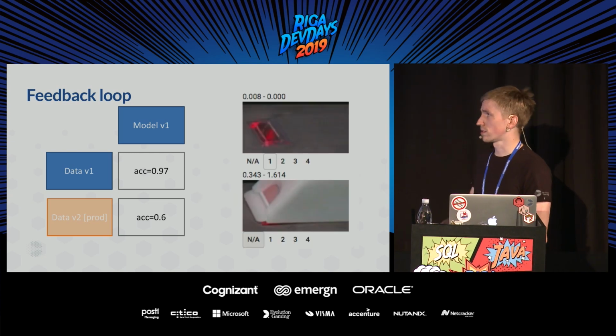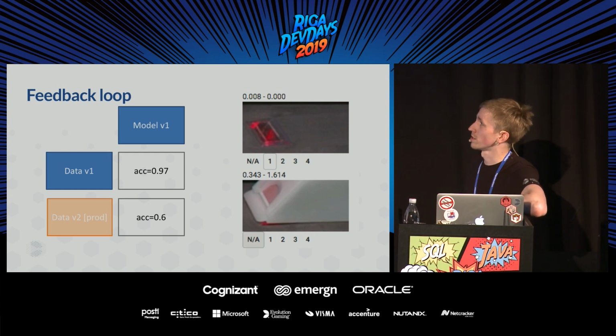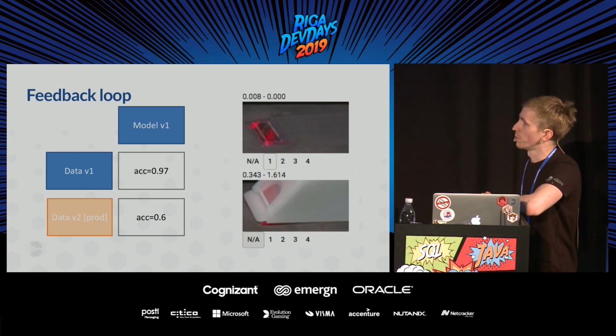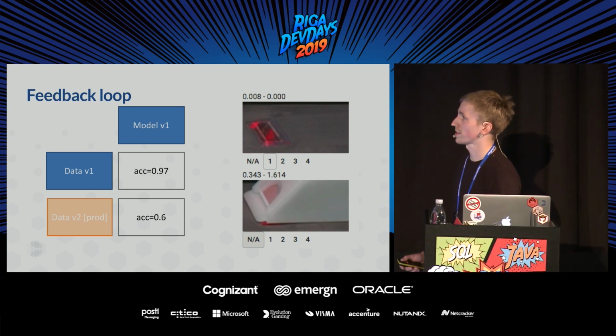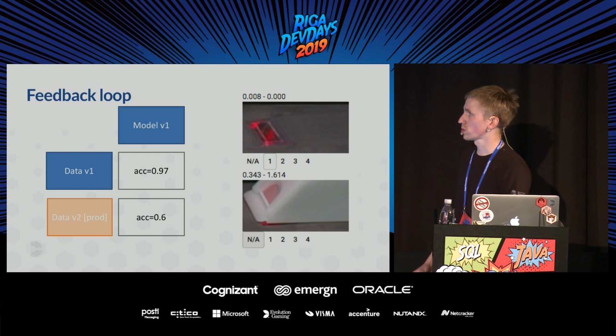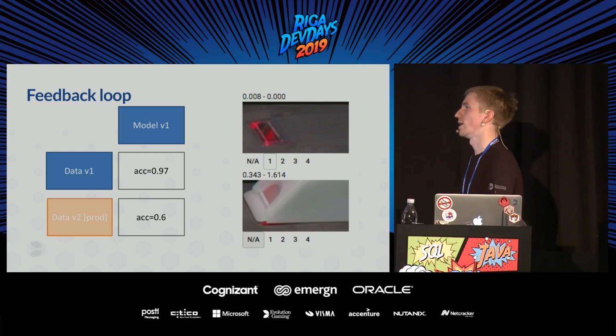And the problem we met live in production, as I told before: we have never seen, and never trained the model to detect the white shoe. All the shoes were transparent, and there we met white. That's why our accuracy dropped.